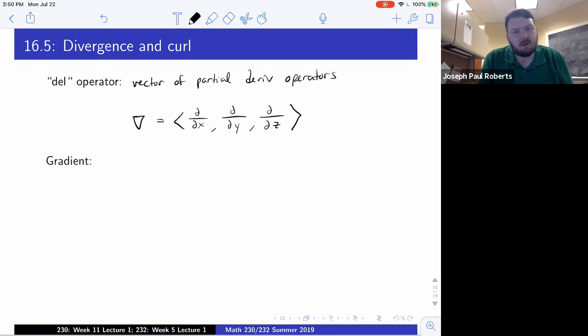So that's what we call the del operator, or I call it nabla sometimes. Can't remember who taught me that so long ago. But if you look it up, this is nabla. It's not a Greek letter, right? I'm not great at the Greek alphabet, but this is definitely not in the Greek alphabet. It actually comes from the Greek word for harp, because I guess this kind of looks like a harp.